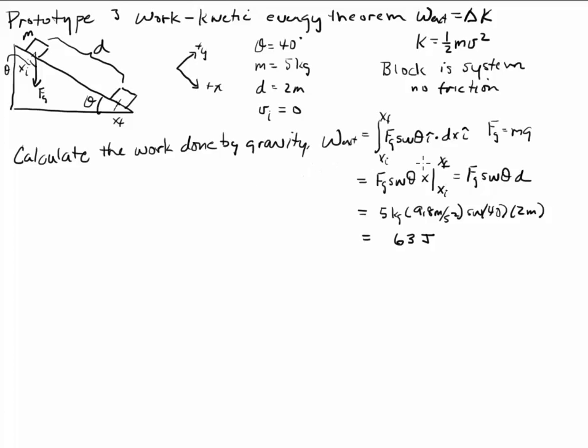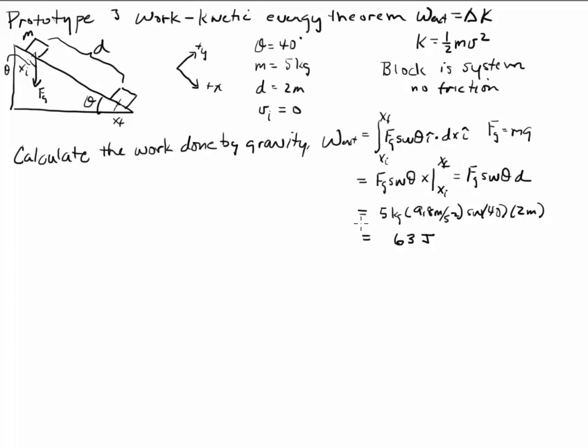Okay, that work is the integral from xi to xf, Fg sine theta, that is the component of force in the direction of displacement, i hat, dotted with dx i hat. Fg is equal to mg, the force of gravity.